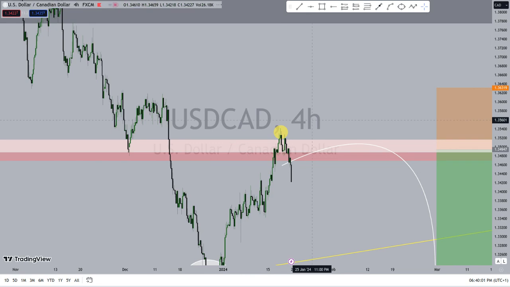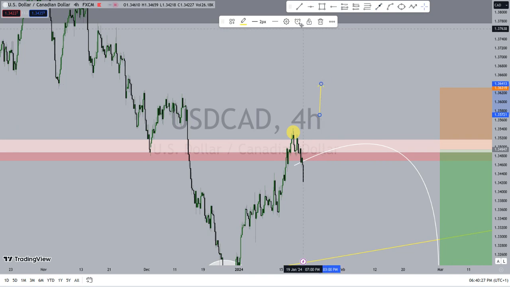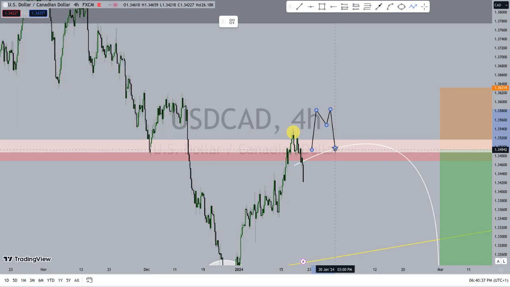Right about the 50% retracement level, price came and gave us a clear double top, a clear M pattern just like this.